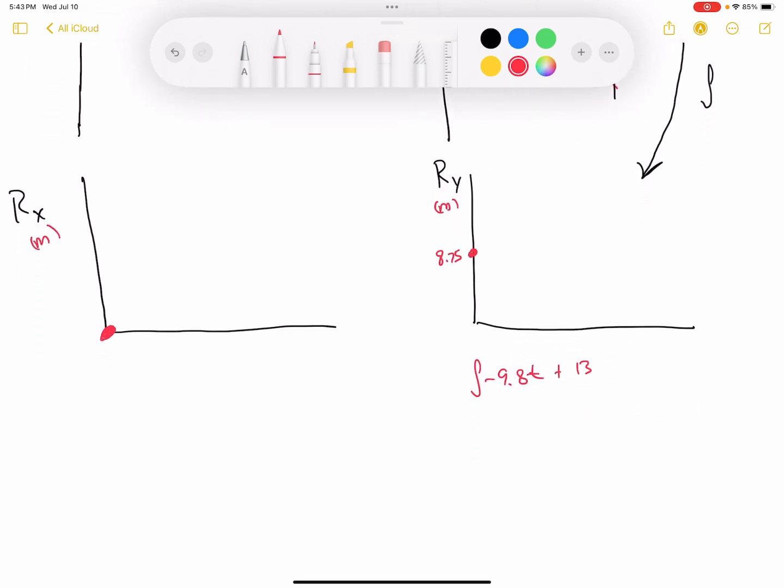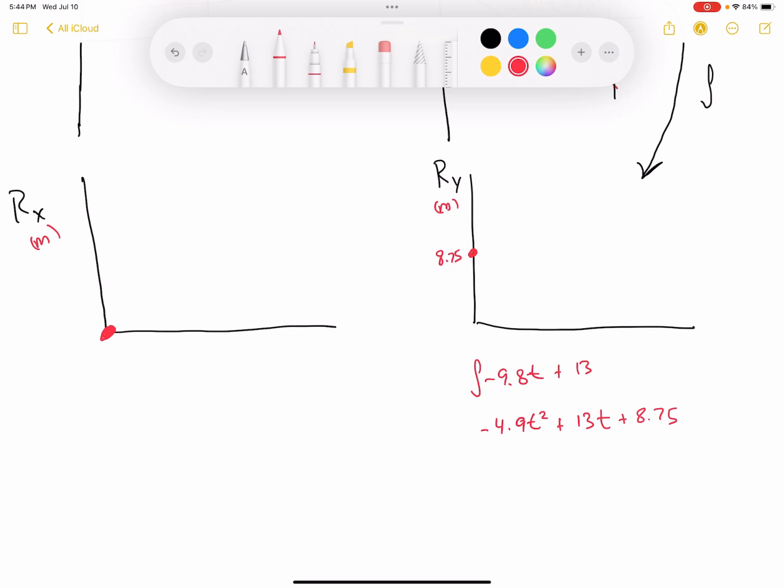And if you integrate that, you end up with negative 4.9t squared plus 13t. Well, you end up with that, but then I have to add in my initial position, which was 8.75, plus 8.75.